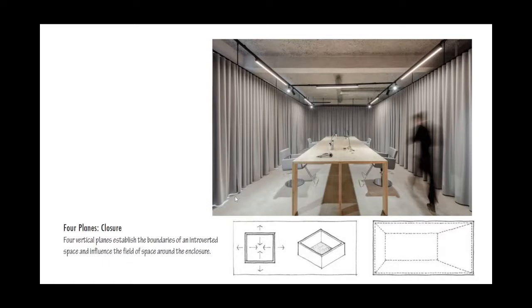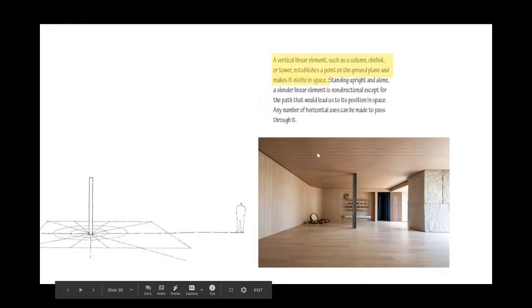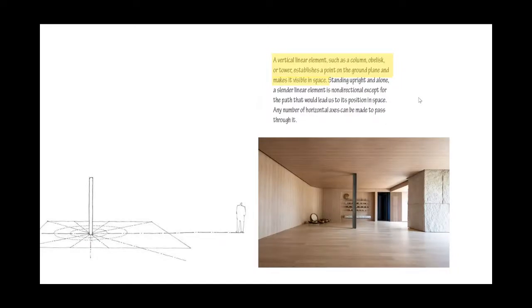Here we used a curtain to enclose the space to create a boundary form of enclosure on this particular interior. So for this, you have your vertical linear elements such as a column, obelisk, or a tower.